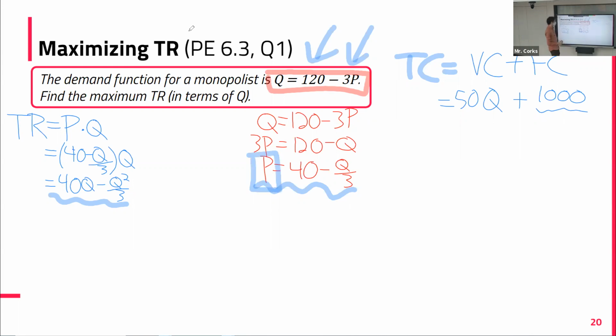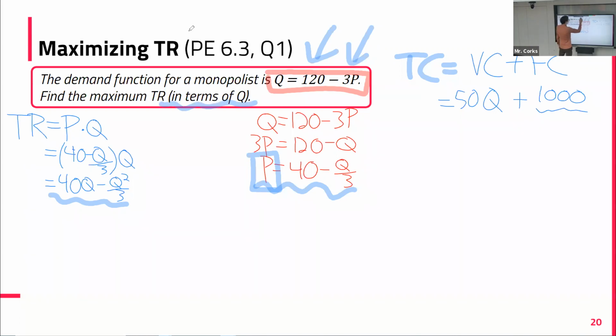Sorry, my terms are getting a little confused here, but we've solved it with P being sort of our Y value here. This is our focus. And then Q is the independent variable, and the same independent variable here. You can ask me after class if you want to go over it.